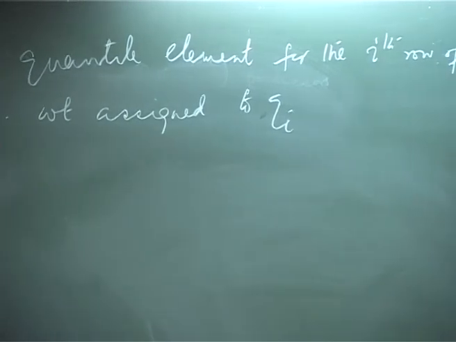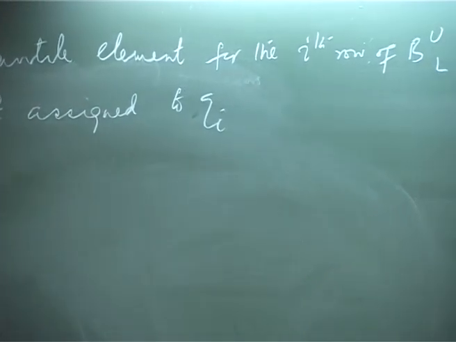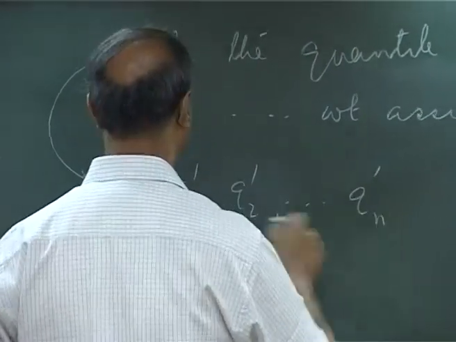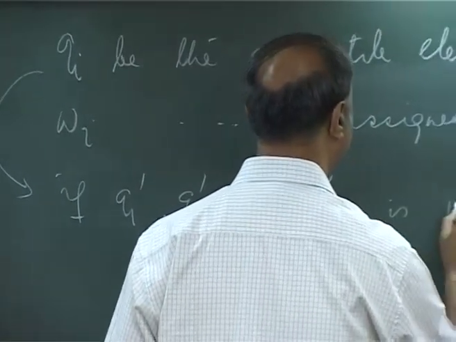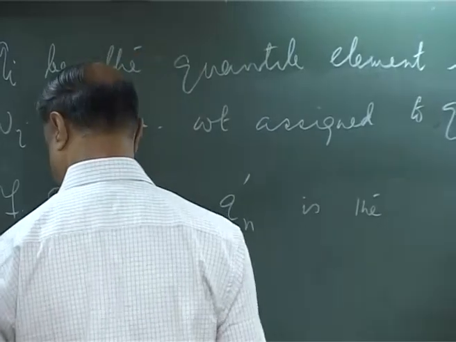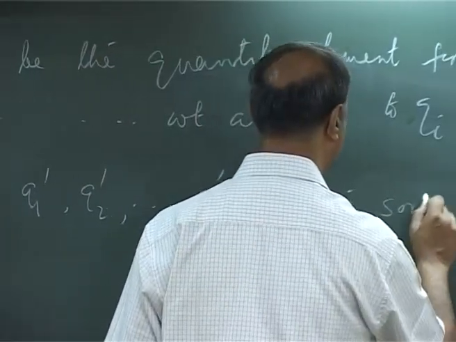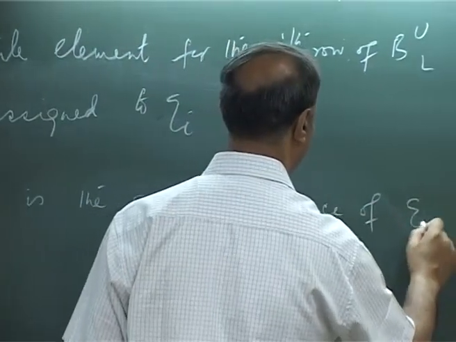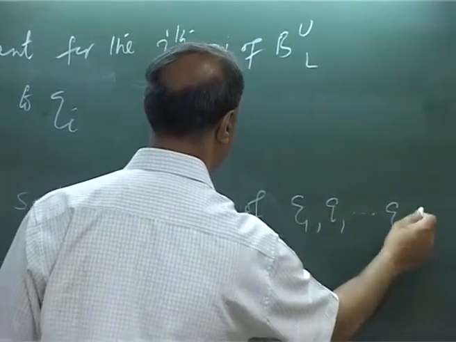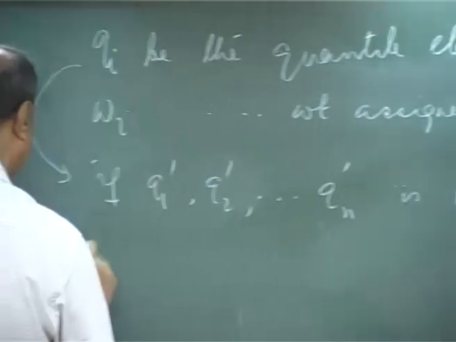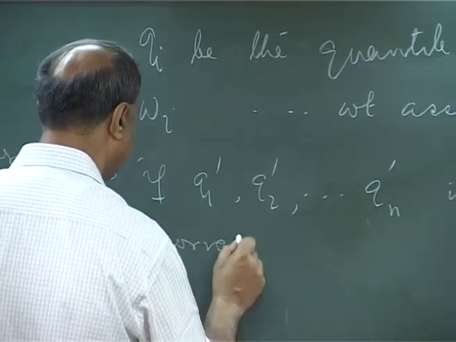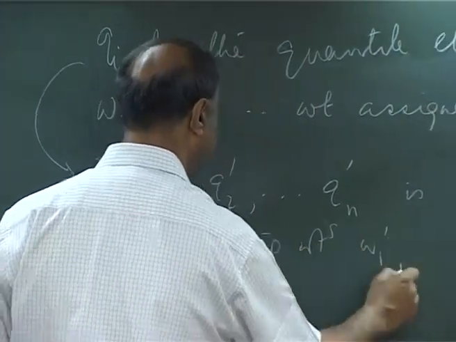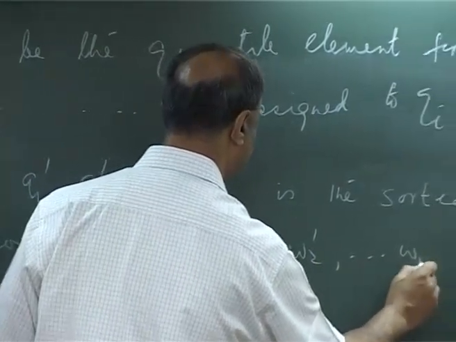Then, if Q1 dash, Q2 dash, Qn dash is the sorted sequence of Q1, Q2, Qn with corresponding weights W1 dash, W2 dash, Wn dash.